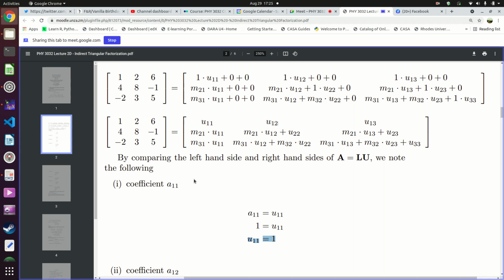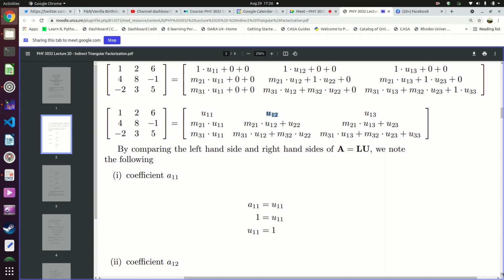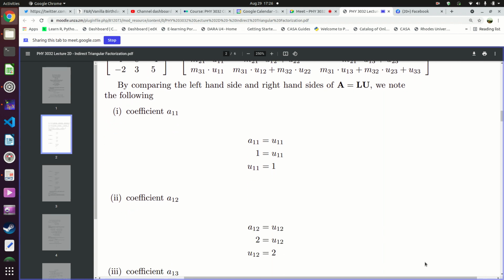Yes. Then if you come here you've got a value of 2, so this is supposed to be equal to this one. So this value 2 is supposed to be equal to this U22. So your U12 is going to be equal to 2, and this is what you get here, U12 being equal to 2.